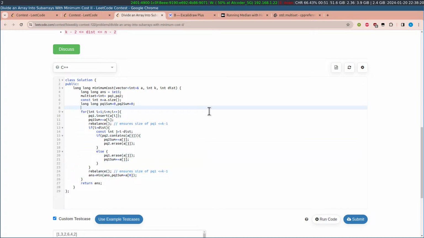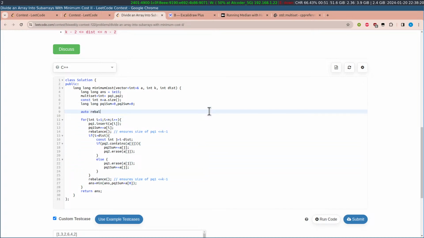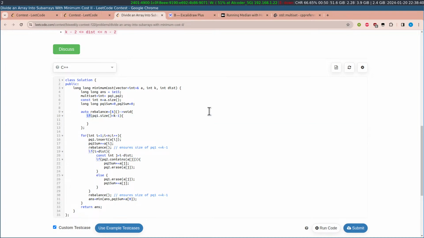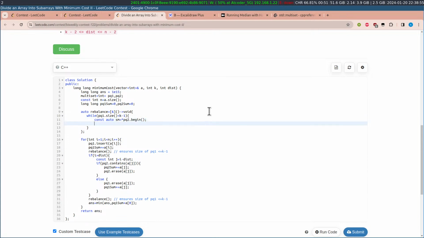I am yet to code the rebalance part. I hope multiset does not delete elements with the same value multiple times.